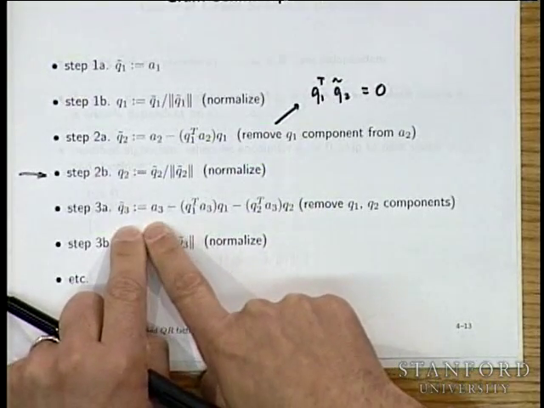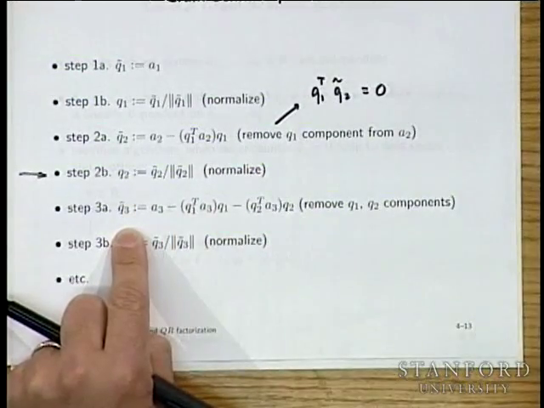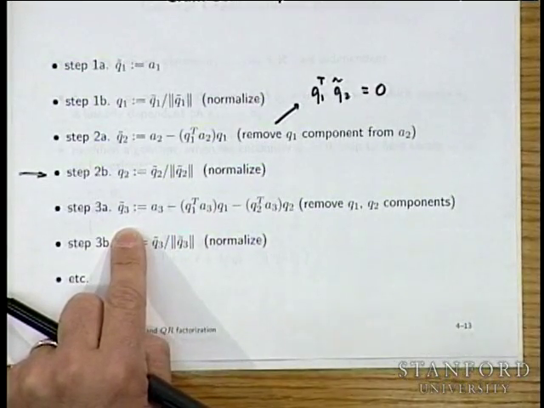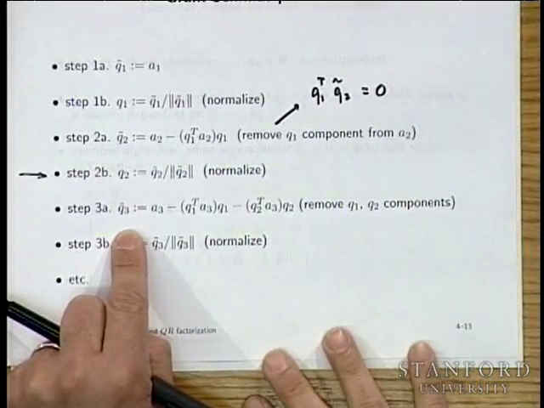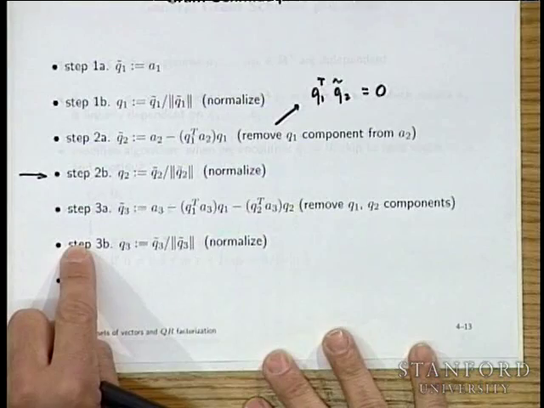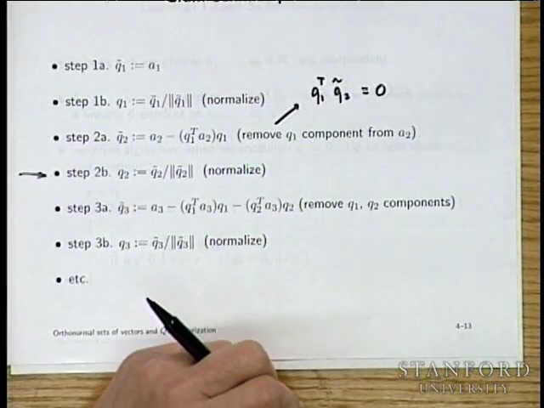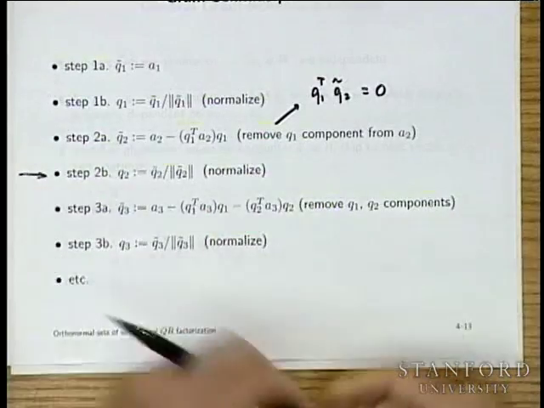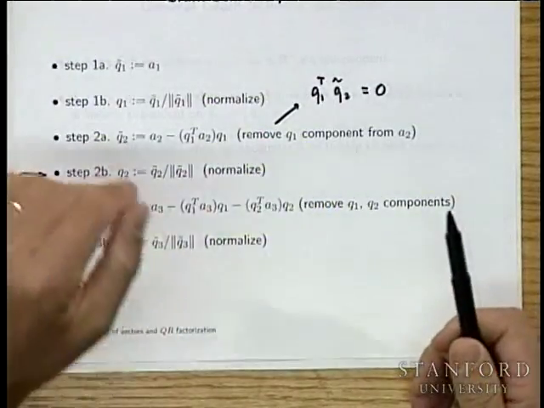So you simply put a test in front that says if q3 tilde equals 0, and that has a very specific meaning. It means specifically that A3 is a linear combination of q1 and q2, which is the same as saying it's a linear combination of A1 and A2. That's the only way this will fail. If it fails, you simply don't divide, and instead you call get next vector.